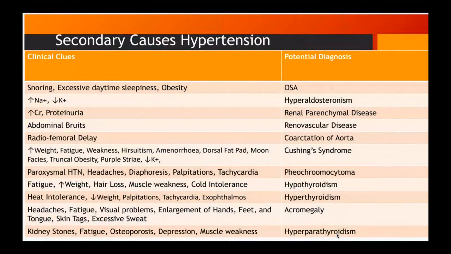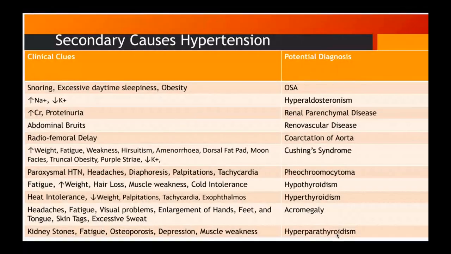This slide highlights some of the secondary causes of hypertension on the right, and to the left are some of the clinical points that may cue you in to a possible underlying secondary cause for the hypertension, and may lead you to take a closer look at that patient.